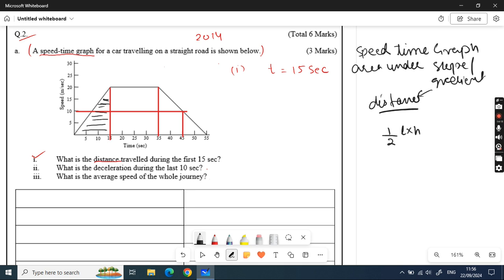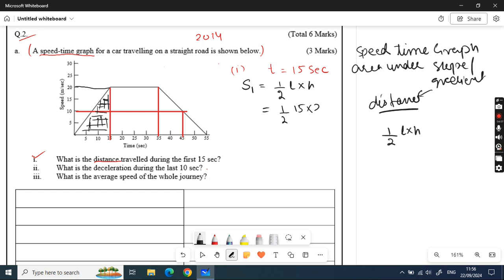I call this distance S1. So S1 is equal to 1/2 length into height. Length is 0 till 15, so the length is 15, and the height is 20.